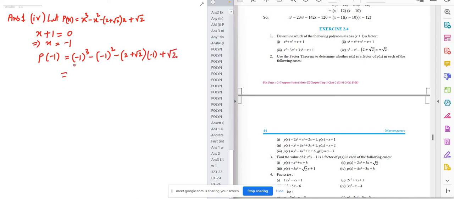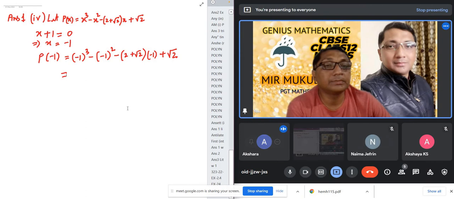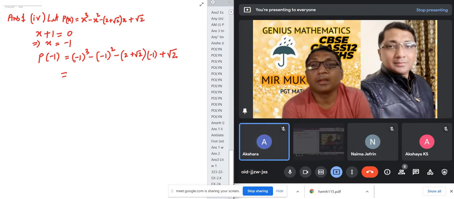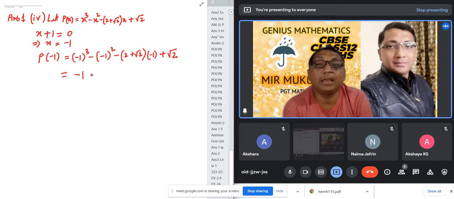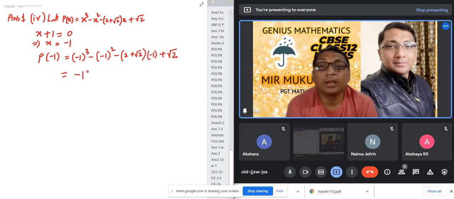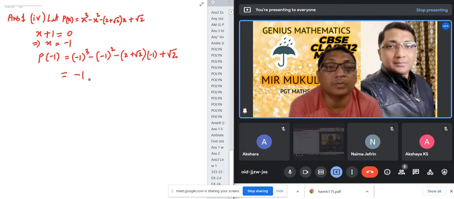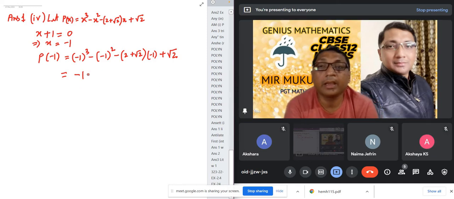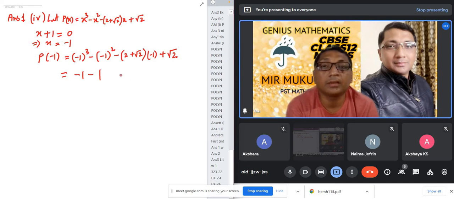So minus 1 to the power 3, how much? Akshara, tell. Minus 1. If the power is odd, then it will be minus. Minus 1 squared, Akshaya, how much? 1. Here 1 is negative, so you put here minus 1. This minus 1 and this minus, if you multiply, it will be plus.